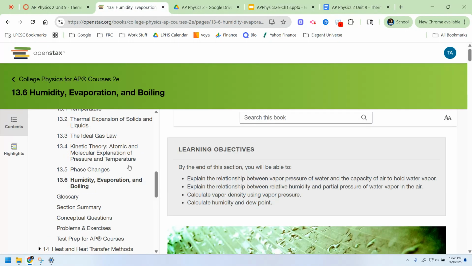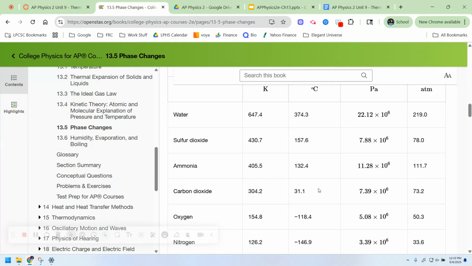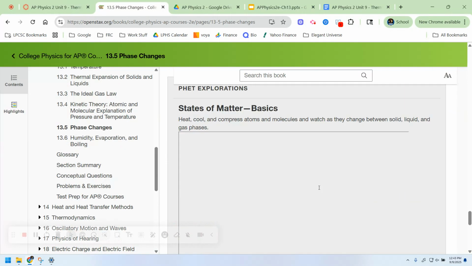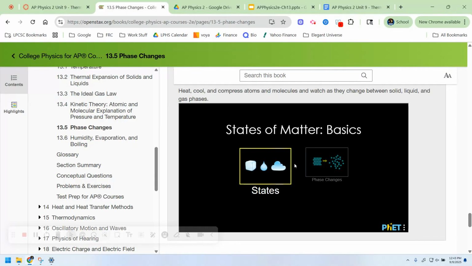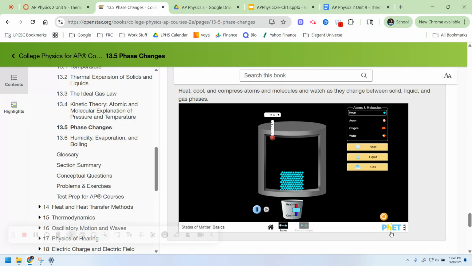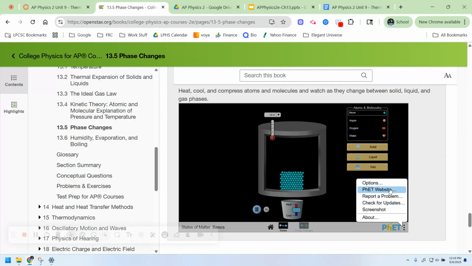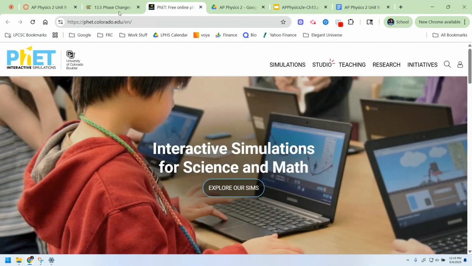Yeah, and then also play with this PhET thing. In the textbook, if you go back here, they have this PhET simulator, and I like this, and I'm going to open this. This is a simulator that kind of shows you the relationship between these.